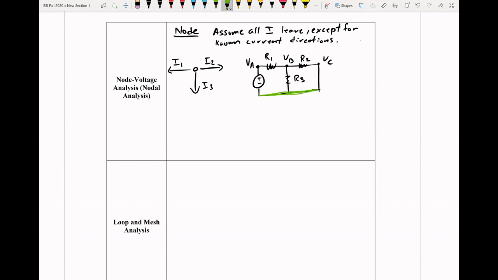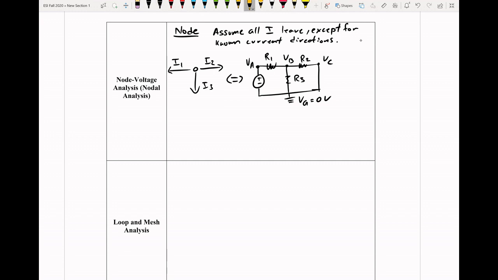So if we go and drop our ground down here, where there's 0 volts, we now have a point of relation for all three of these branches. So it's very helpful for us.